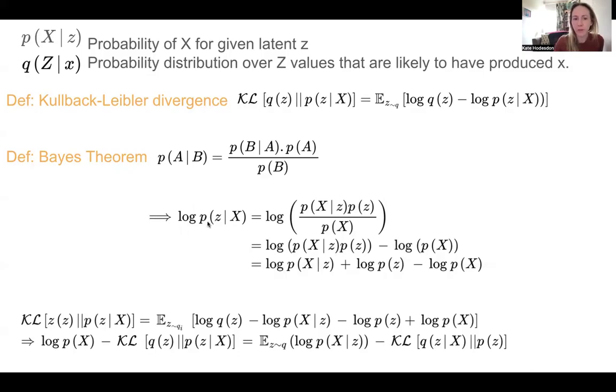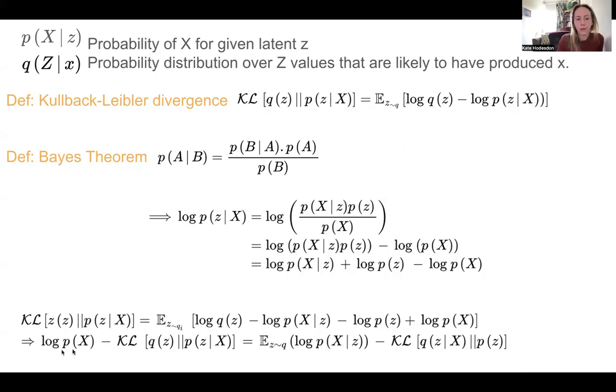And the reason why this is helpful is because you can then use this new form to substitute into our definition of KL divergence. So we'll replace this final term over here in the expectation with its equivalent form according to this expanded version of Bayes' theorem. And once we've substituted into that definition, we obtain this final line here.